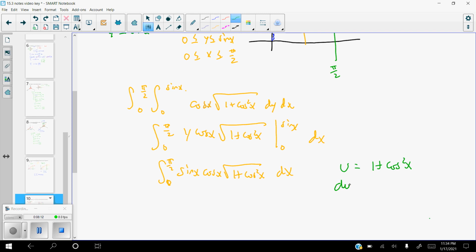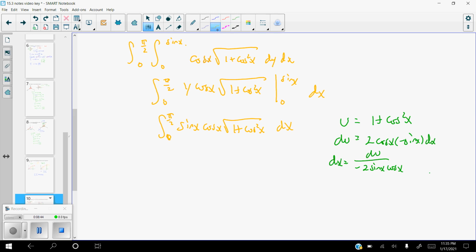So du here, oh yeah, this will work, is going to be, let's see, the derivative of 1 plus cosine squared of x. Well, that's going to be 2 cosine of x times the derivative of cosine, which is negative sine of x, dx. So solving for dx, we get du over negative 2 sine of x cosine of x. That's good, because that will get rid of what we have on the outside there.